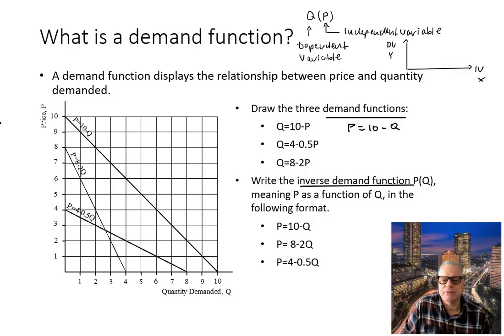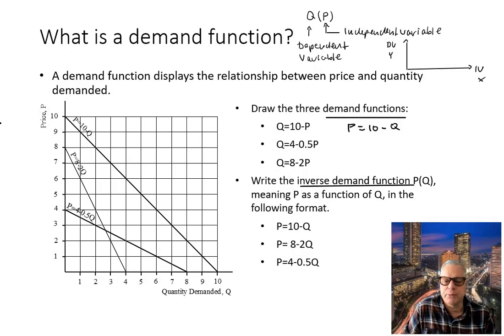So now if you want to take the inverse demand function here, Q equals 4 minus 0.5 P, if we look at this graph, because this is normally the y-axis, now if we tilt our head like this, I can see, oh okay, here is the intercept of 4, and this has a slope of 1/2. So therefore the inverse demand function is this one here, P equals 8 minus 2Q.